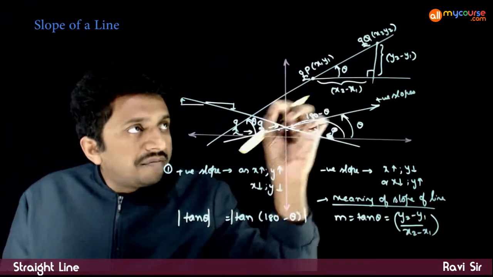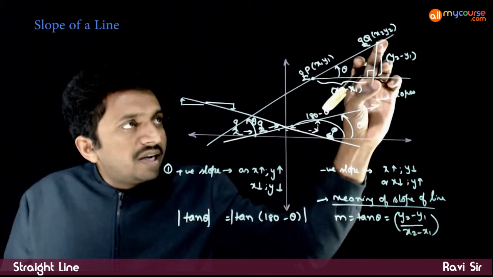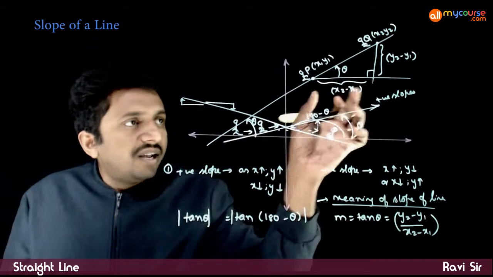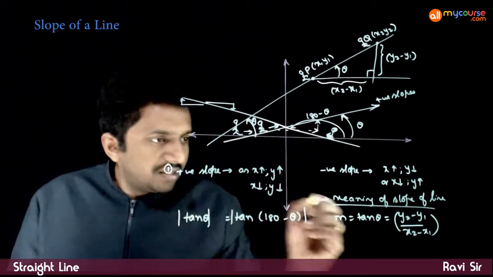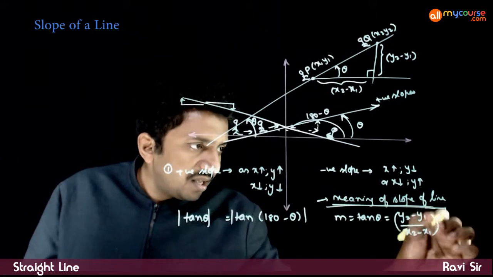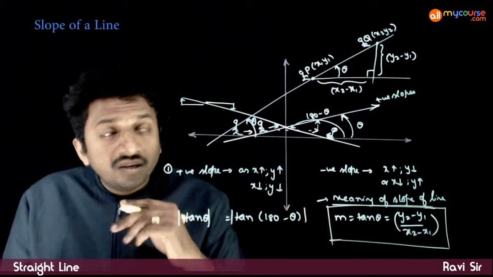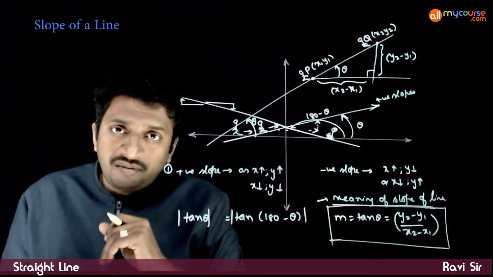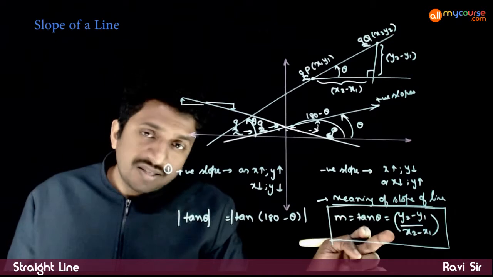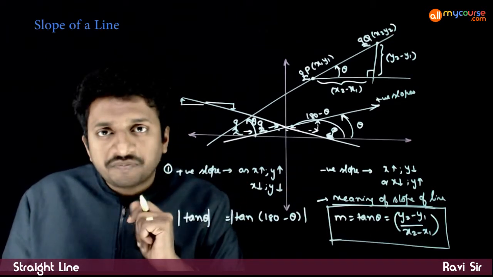The slope of this line is nothing but the difference in the y coordinates of the 2 points divided by the difference of the x coordinates. This is also a way in which you can find the slope of a line if 2 coordinates on the line are given.